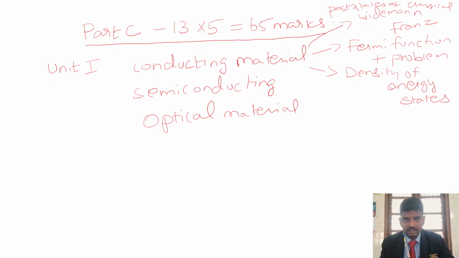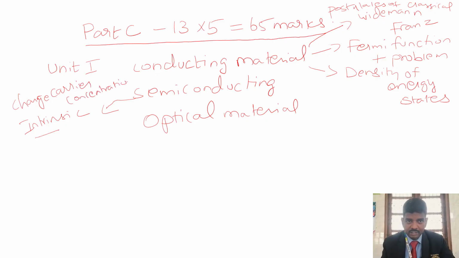And if you consider the semiconducting part, you have intrinsic semiconductor. In intrinsic, there is a derivation, the charge carrier concentration. So charge carrier concentration in intrinsic is one topic.